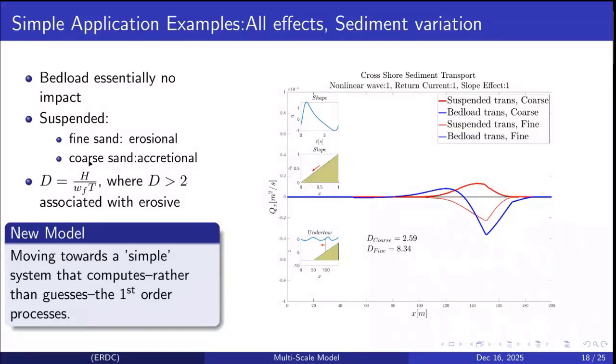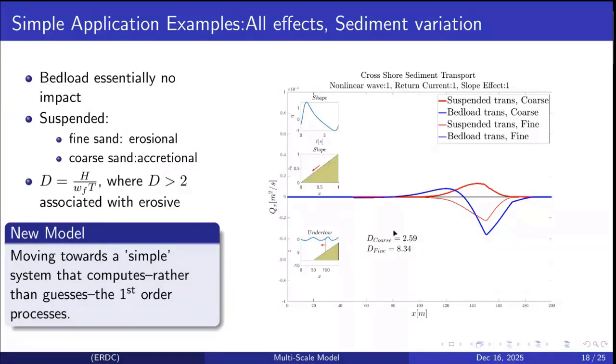And it's interesting to think about that in terms of the Dean number, which is one of the ways people sometimes use to separate onshore and offshore directed sand transport, where it's generally thought that if you have a Dean number that's larger than 2, you have an erosive profile.